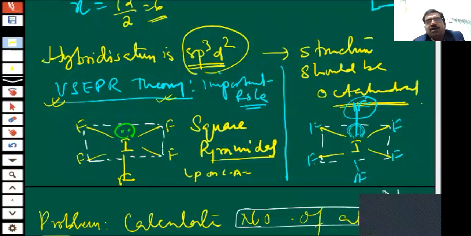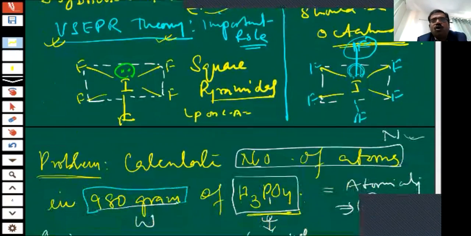For octahedral they have given a guideline, and for sp3d also. In sp3d, triangular bipyramidal, we develop the lone pair on the equatorial position, and in octahedral on the axial position. If you want more detail, please go through my video lecture on valence shell electron pair repulsion theory, where you can understand everything. Shall I move forward? So lone pair on the central atom is equal to 1.